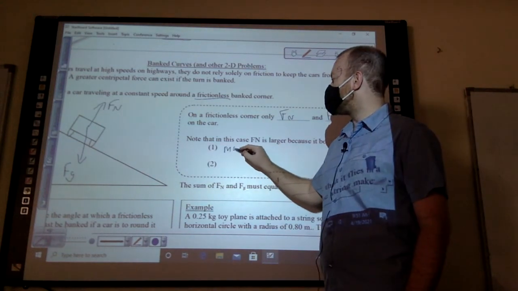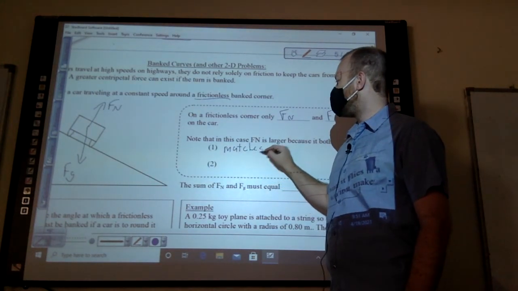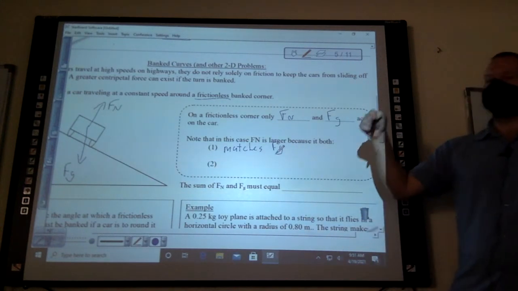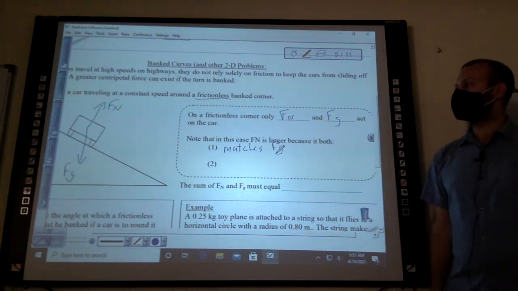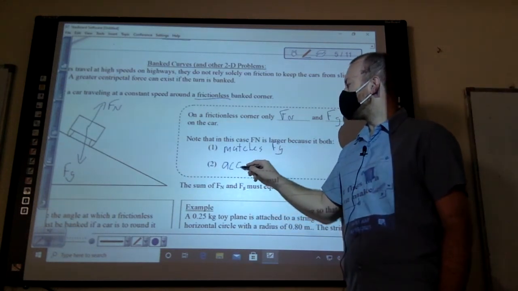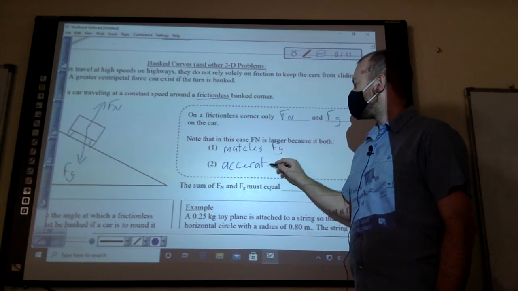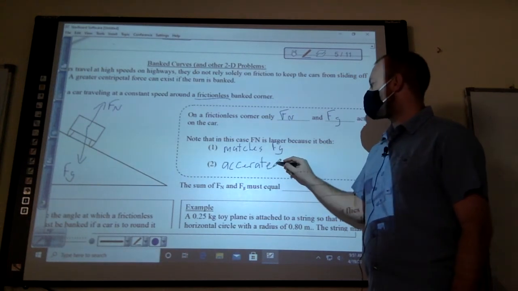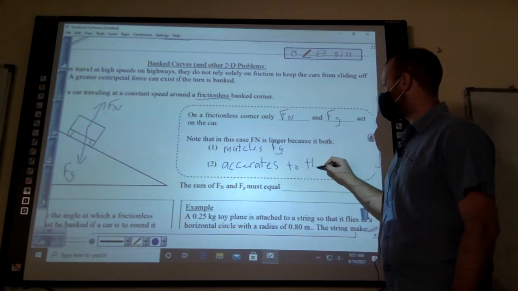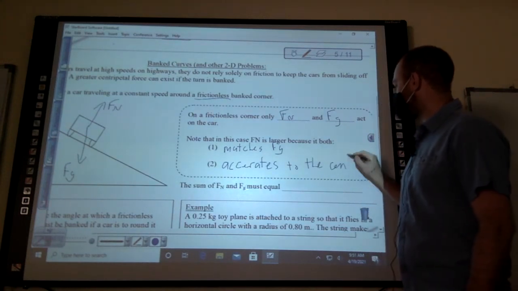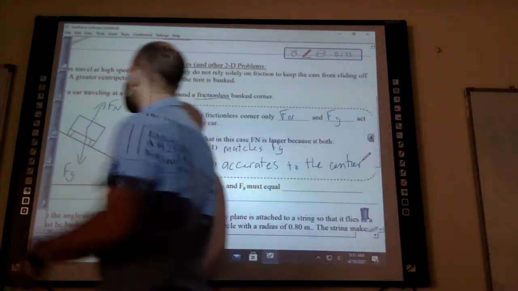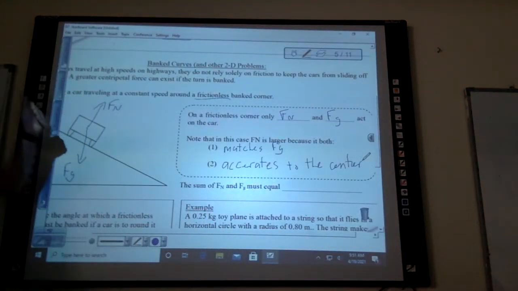It first matches Fg, because you cannot be accelerating into or out of the plane, and because of both, it accelerates to the center of the circle. I'll just put center. So the normal force is what's causing this car to actually go around the curve.